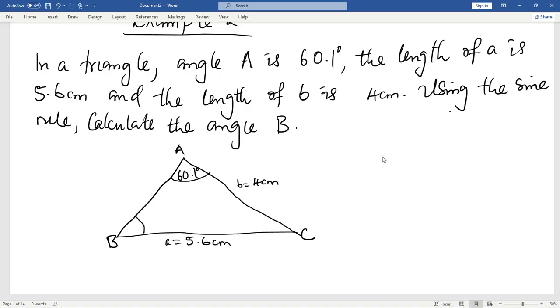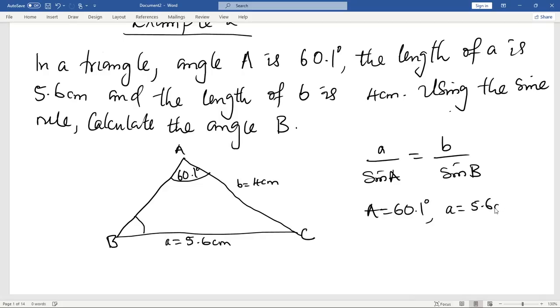The sine rule states that a divided by sine A is equal to b divided by sine B. Now, we have that angle A is 60.1 degrees, the value of a is 5.6 centimeters, and the value of b is 4 centimeters.